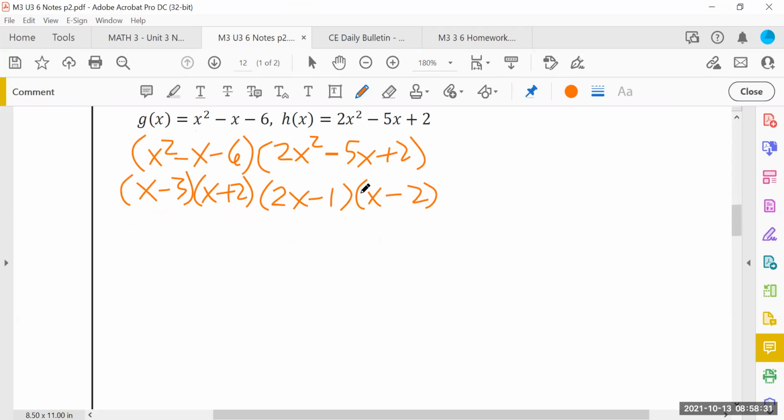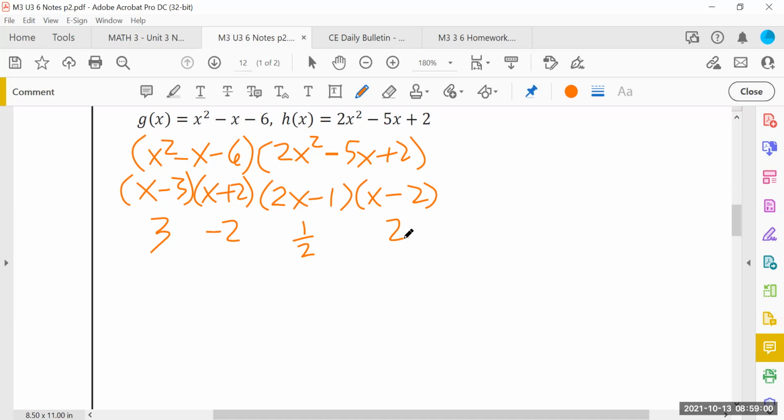Can I get x-intercepts from all those? Yeah, just shout it out. x minus 3, what's the x-intercept? 3. x plus 2, what's that one? -2, okay. This is the one where you might want to set it equal to 0. Add 1, divide by 2, what's the x-intercept? 1/2. And then here, x minus 2, what's the x-intercept? 2.